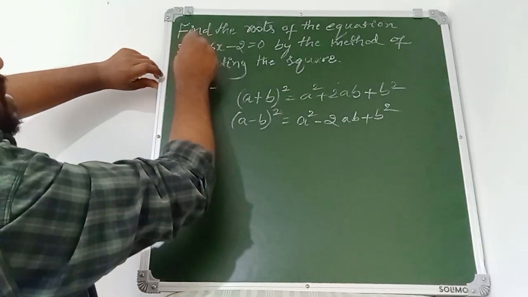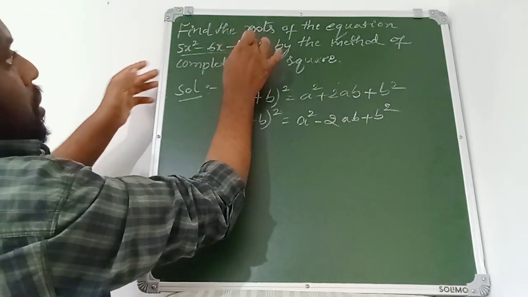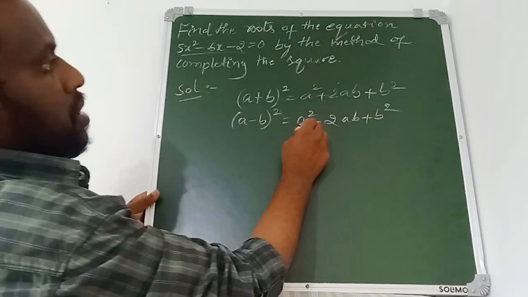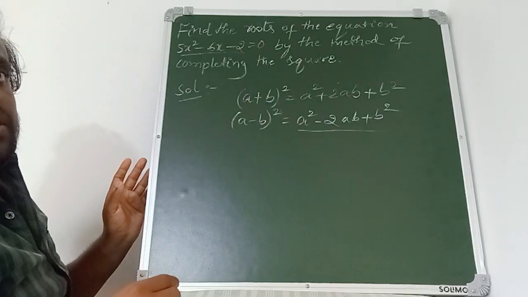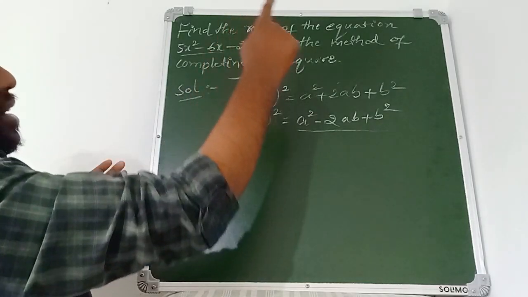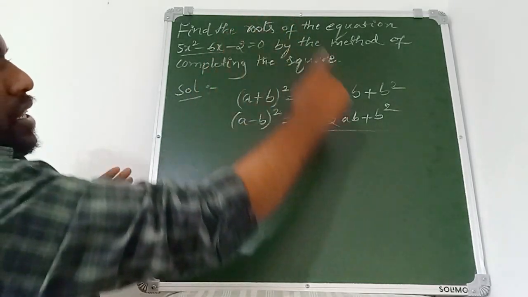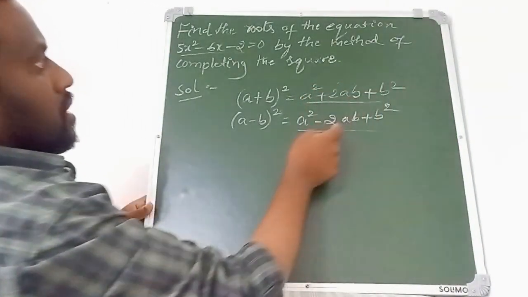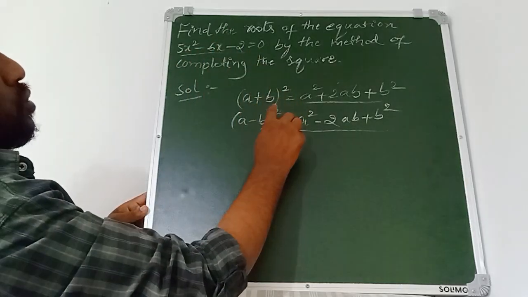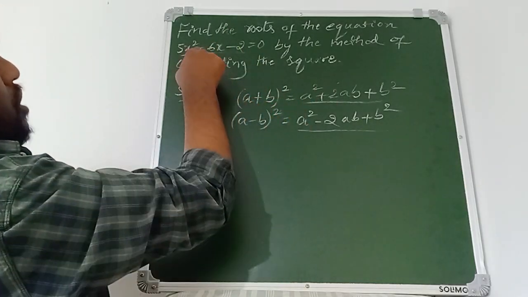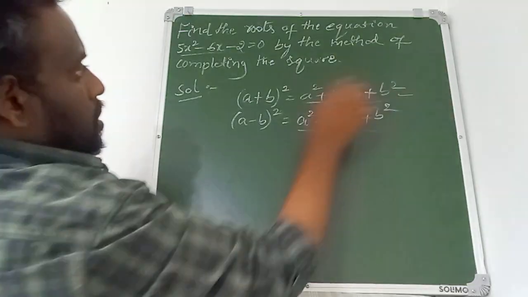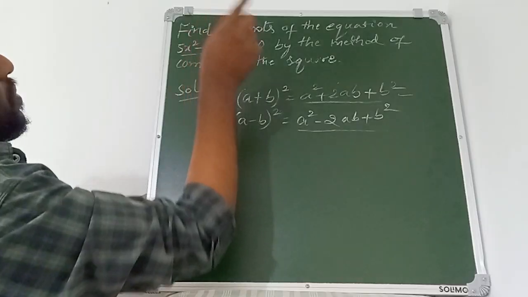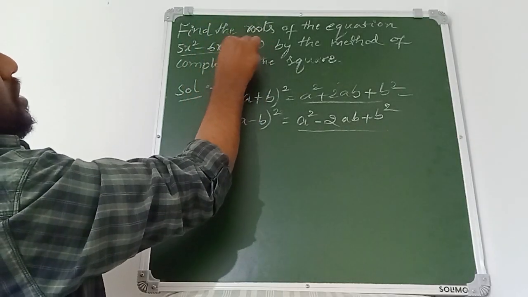Completing means, first see, the given equation is not exactly in the form of this or this. Depending on the signs, we have to choose any one. If we have plus signs, we have to use this one; here a minus sign is there. Forget about this, it is a constant.